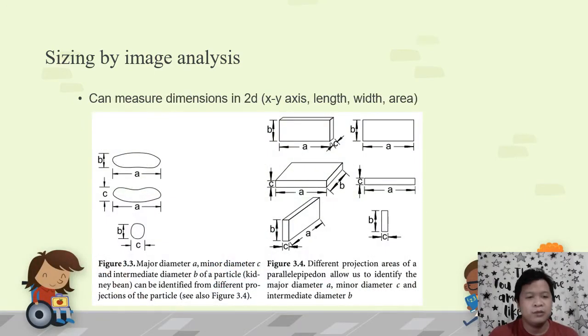So one way to do sizing by image analysis is by measuring, of course, the dimensions when projected. We have here the major diameter, A, the intermediate diameter, B, and the minor diameter, C. Okay. So obvious from this one, para siyang length, width, and height lang, no?